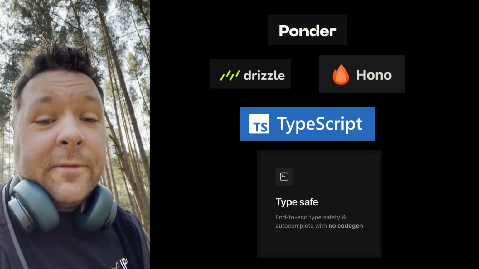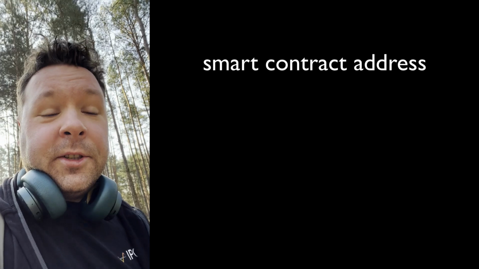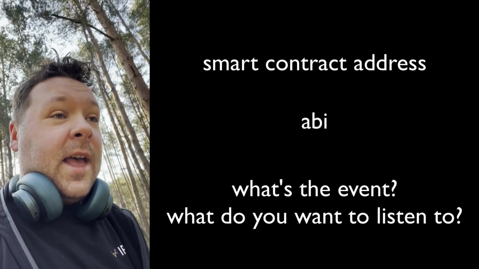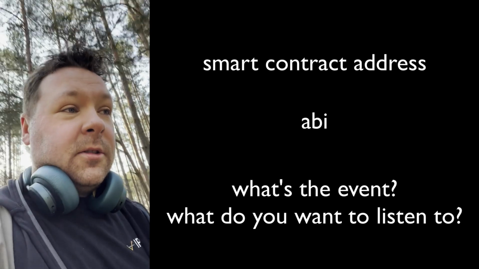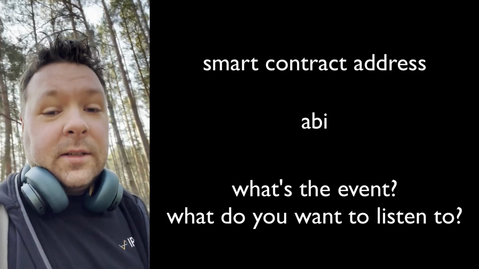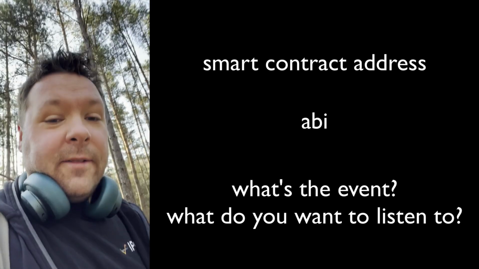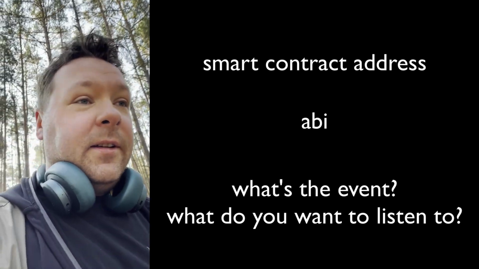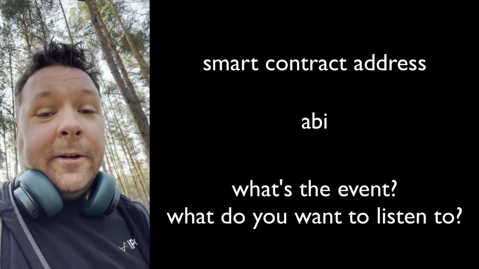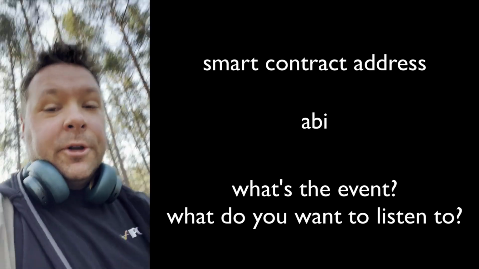Everything you have to have is the smart contract address, its ABI, and you also need to know what events you want to listen to. That's everything you need for bootstrapping. You set up that configuration in a single file and you run it, and it works.